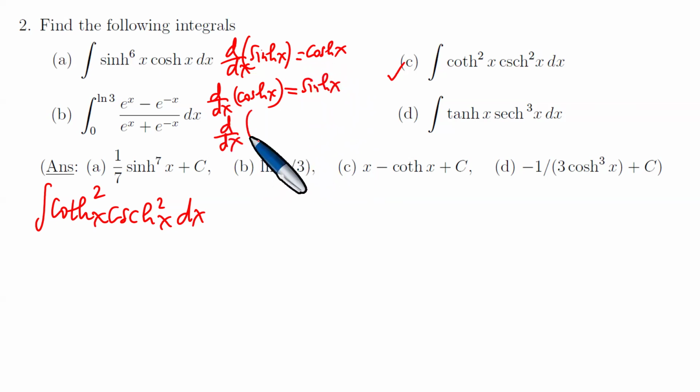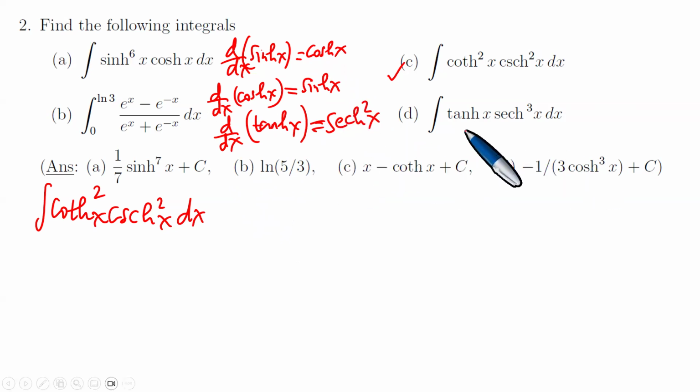The derivative of the hyperbolic tangent is the sech squared x. I know that these things are there in the book, but we practice them and must make sure we remember them.